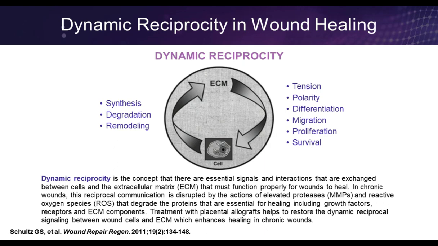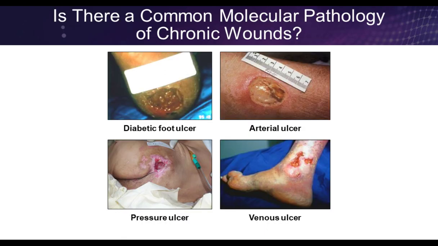So using that as the background for what should happen in normal wounds, we need to ask the question: is there a common molecular pathophysiology that occurs in chronic wounds?